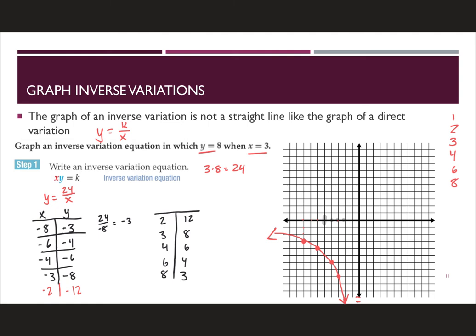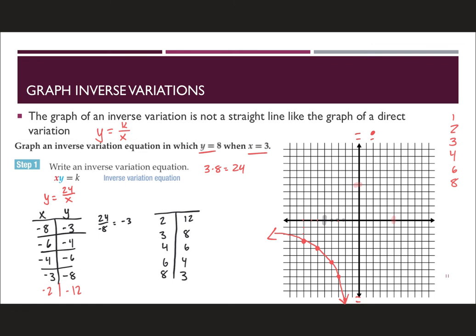But wait, we're not done. Now we have to do our positive values. Maybe, maybe not, you can see where we're going with this. So I've got 1, 2, 3, 4, 5. Just get a good scale going. And let's graph our positive points. So I've got 2 all the way up to 12. So about right there.